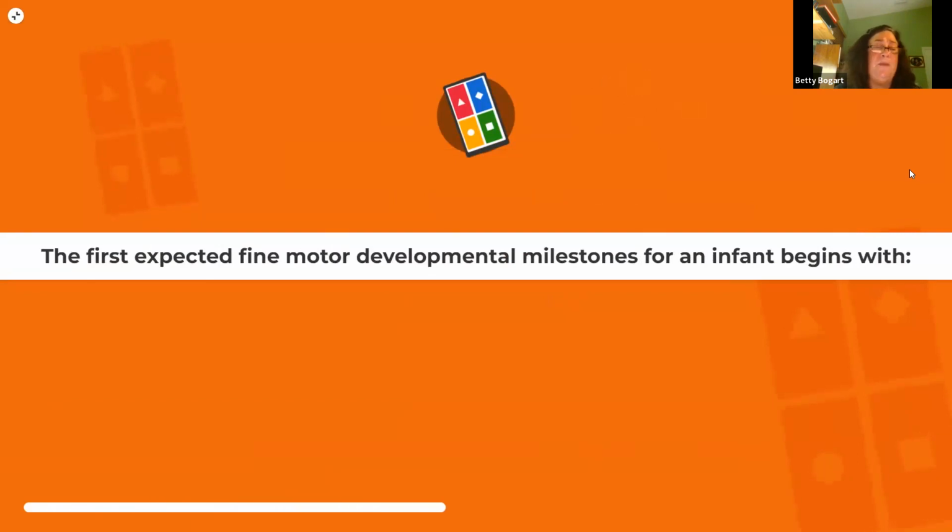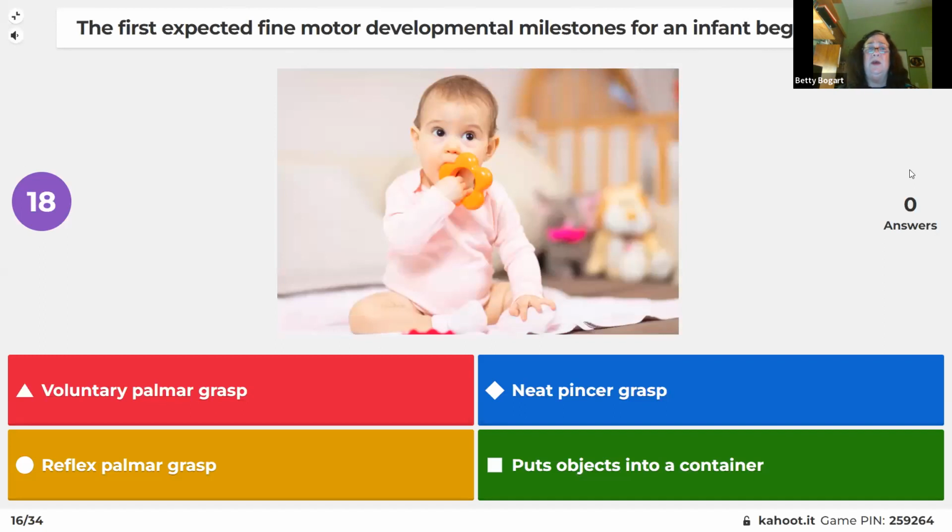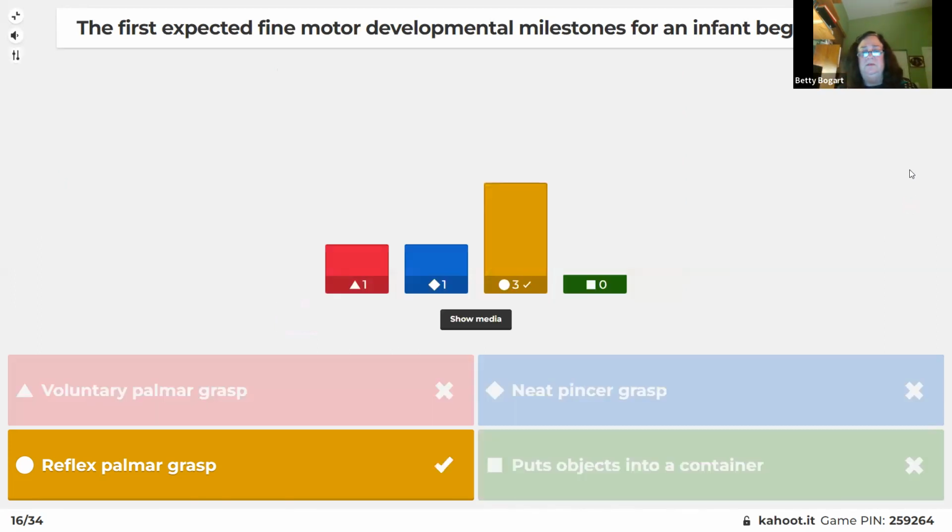The first expected fine motor developmental milestone for an infant begins with. There are two types, fine motor and gross motor. Fine is F, think about fingers. Then there's gross motor, think G, get up and go, go, go, like Paw Patrol, okay? So fine is fingers. What do they do first? It's a reflex. You put your finger in their palm and they'll close it on a reflex. That's the first.